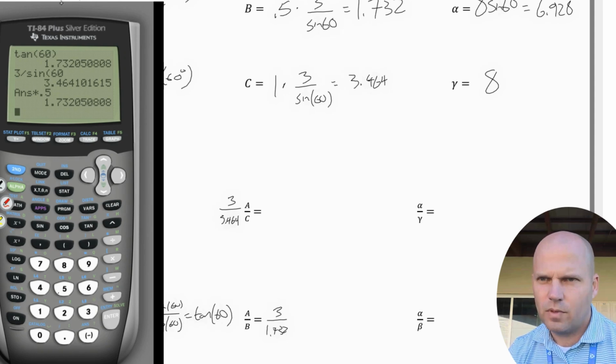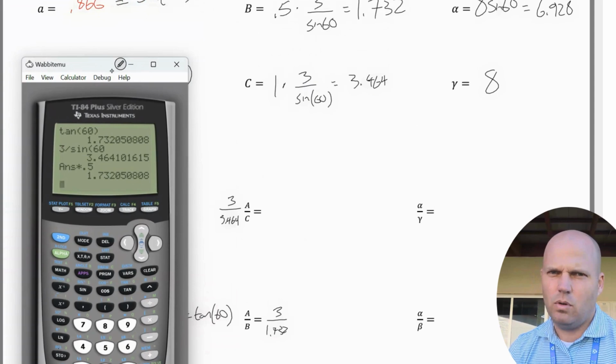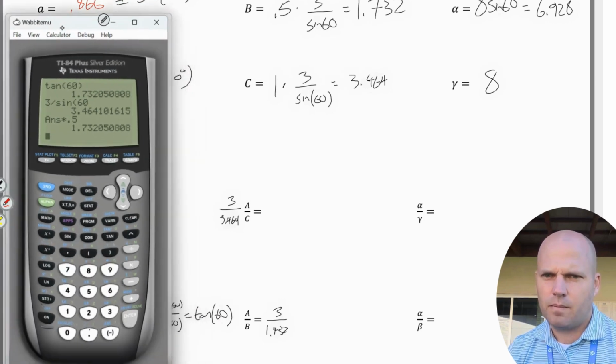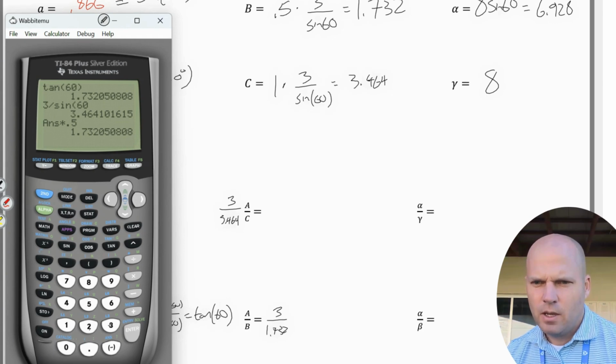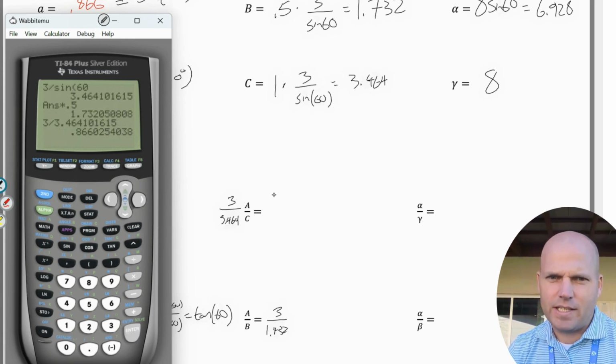Whoa. Is that the same? Whoa. Okay. I hope this works. Okay, 3 divided by that 3.464 number, which is 3 over the sine of 60. And I got 0.866.